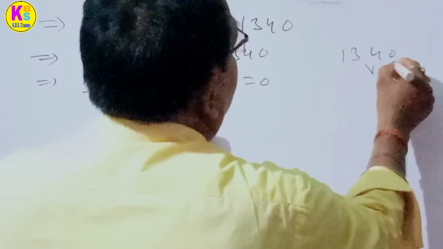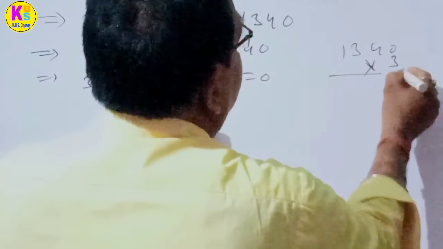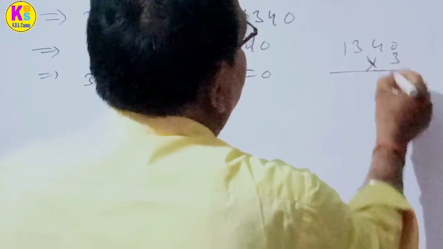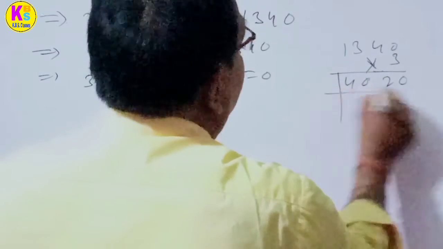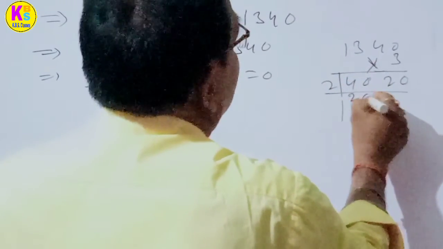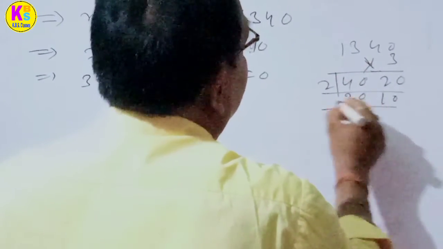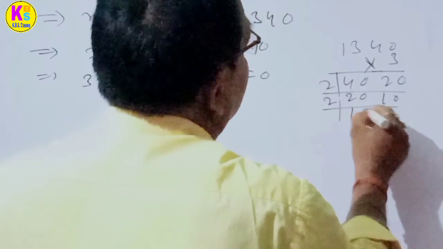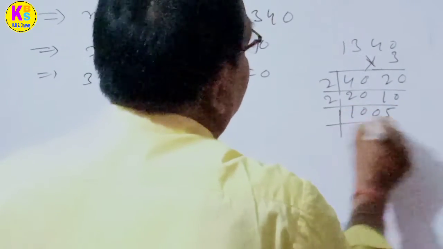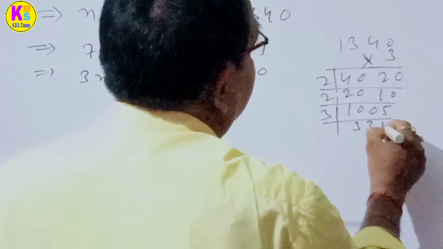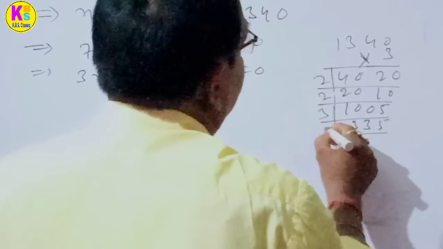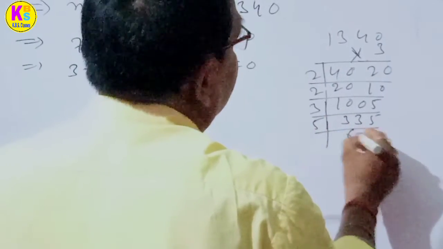1340 multiplied by 3 is equal to 4020. Now take the factors: 4020 divided by 2, 2010, divided by 2, 1005, divided by 5, 201, divided by 3, 67.